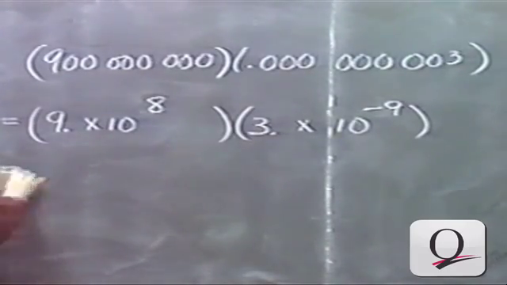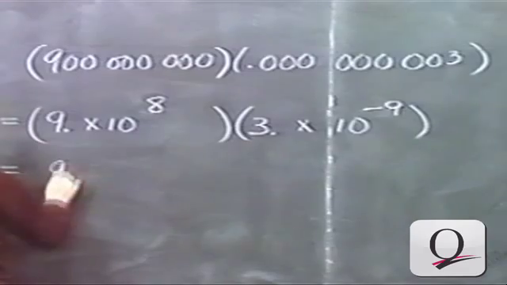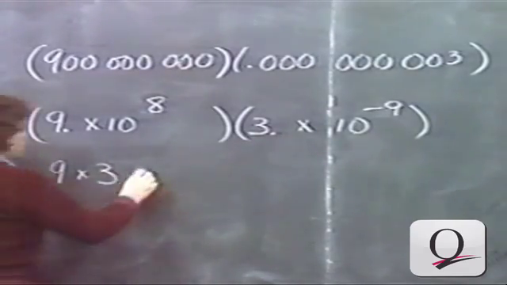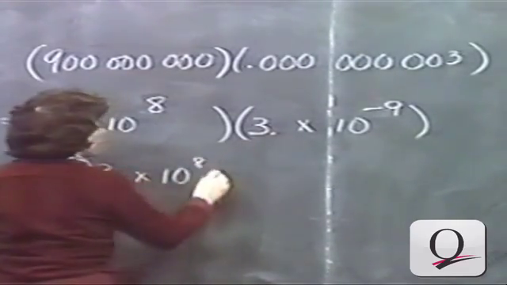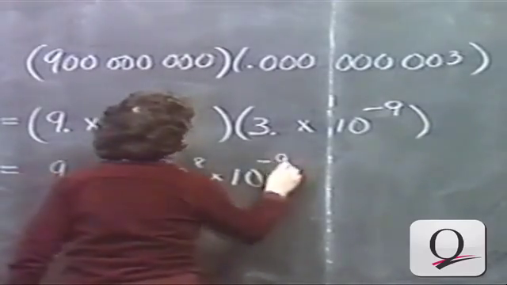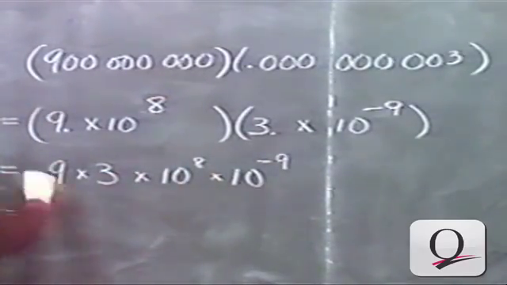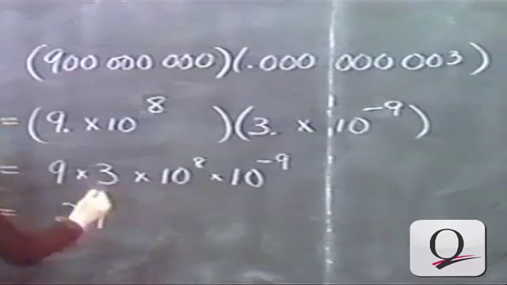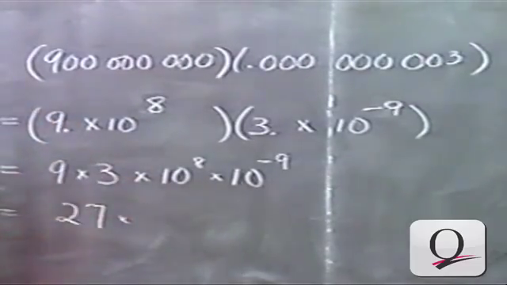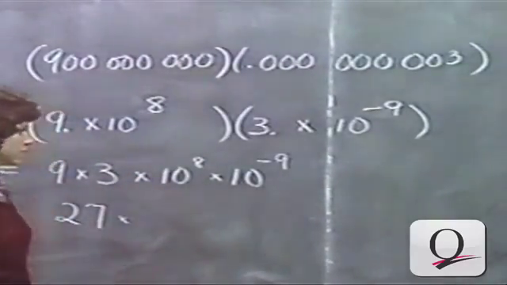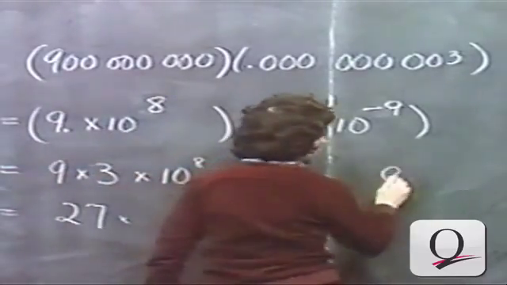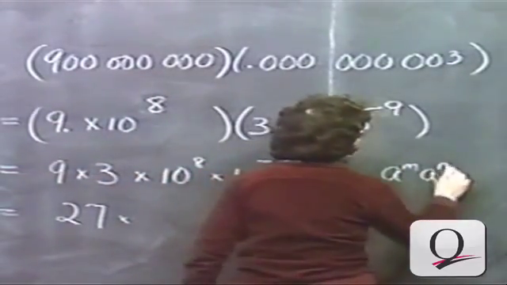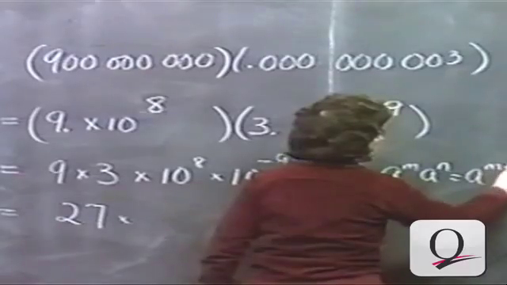Okay, now we can simply perform the indicated multiplications. We'll take care of the stuff without exponents first, and then we'll worry about the powers of 10. We have 9 times 3 times 10 to the 8th times 10 to the minus 9th power. Well, 9 times 3 is 27. And you know that if you have 10 to the 8th power times 10 to the minus 9th power, we're making use of the rule a to the m times a to the n is a to the m plus n.